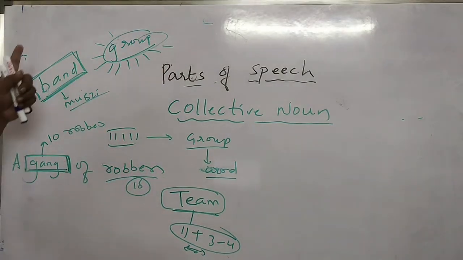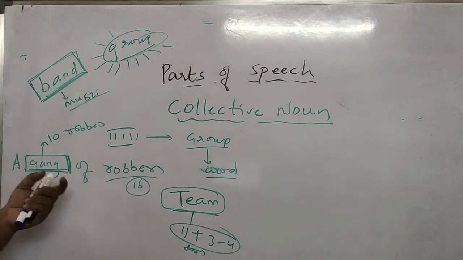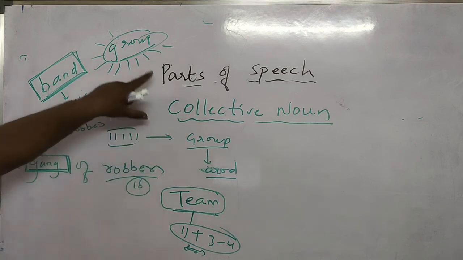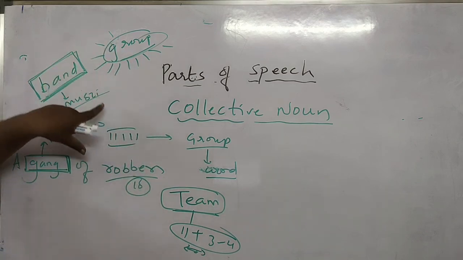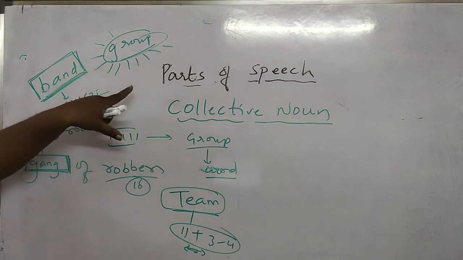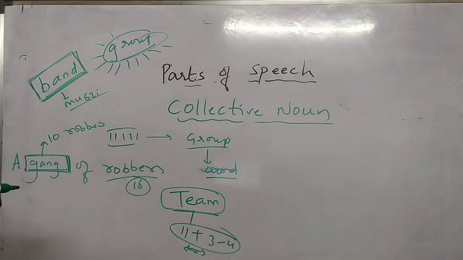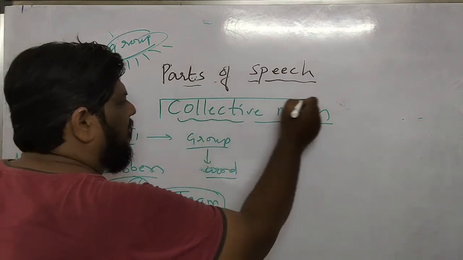All these are words used to denote a group collectively. That's why we call these kinds of words nouns also. These are not names of a person, place or thing, but even a group of persons, group of places, group of animals, group of things, collectively also called the collective noun.